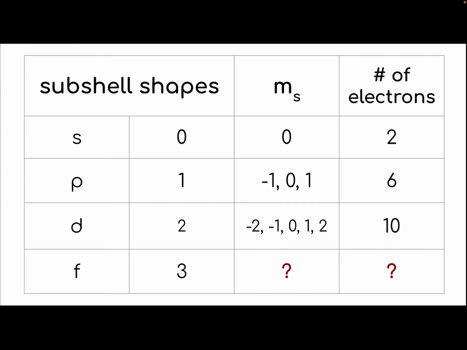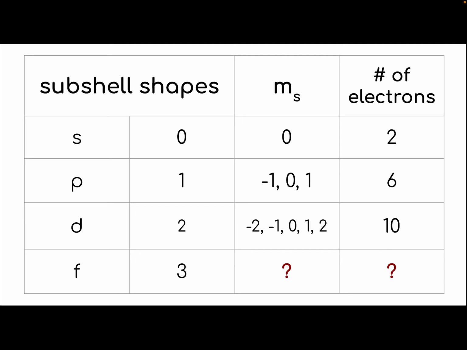So P subshell can hold 6 electrons. Next, the D subshell naman. The D subshell is also known as number 2. So the magnetic numbers are negative 2, negative 1, 0, 1, and 2. So 5. Each can hold 2. So that's equivalent to 10 electrons.